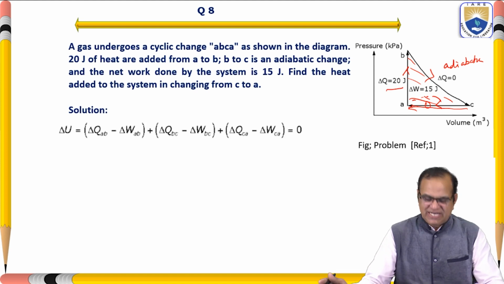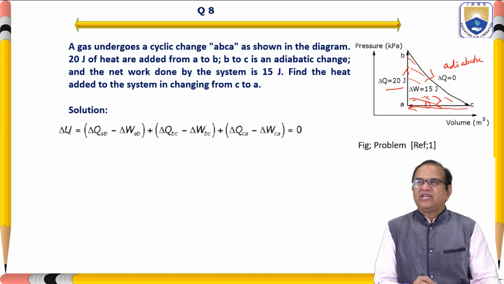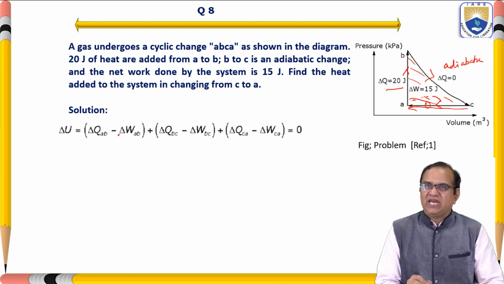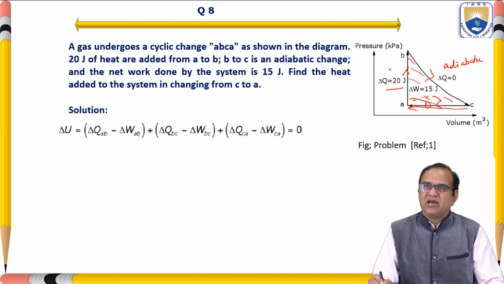So we can see here that delta U is equal to delta QAB minus delta WAB for this process, plus delta QBC minus delta WBC, plus delta QCA minus delta WCA, is equal to 0 for a cyclic process.